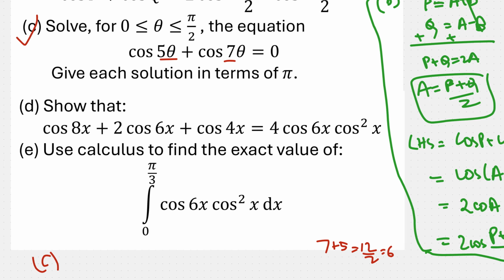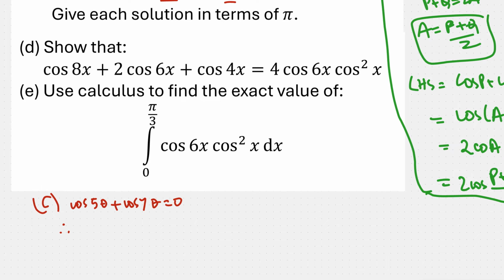So we can say in terms of 6θ. So I say cos 5θ + cos 7θ is 0. Therefore cos(6θ−θ) + cos(6θ+θ) is 0.